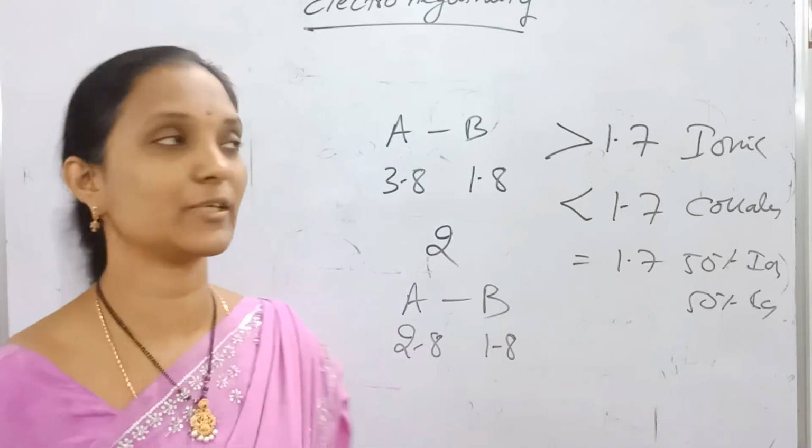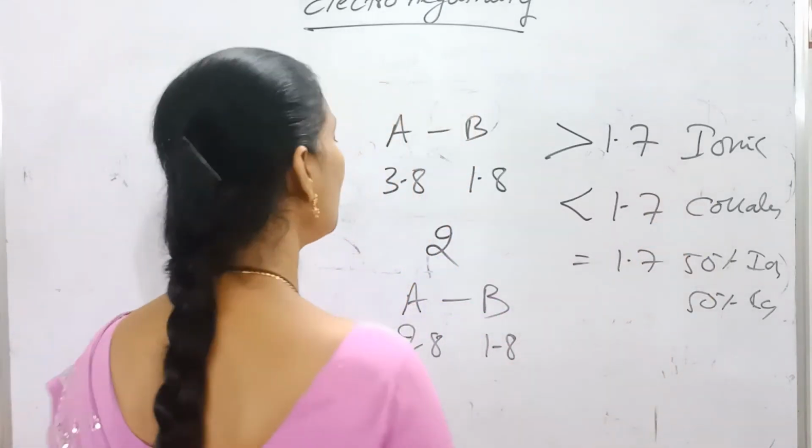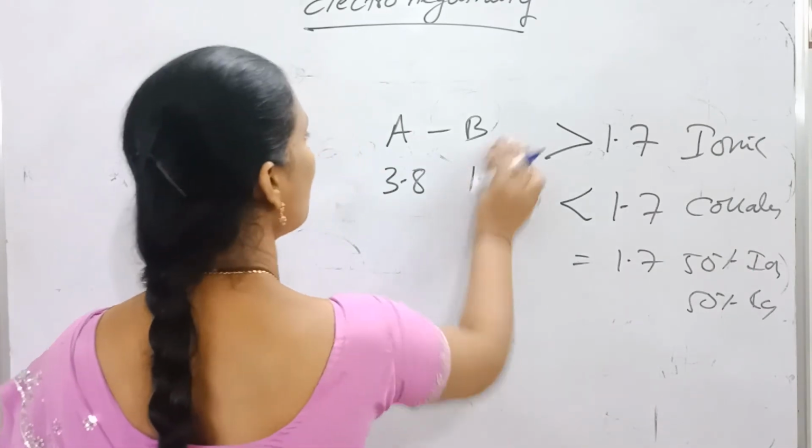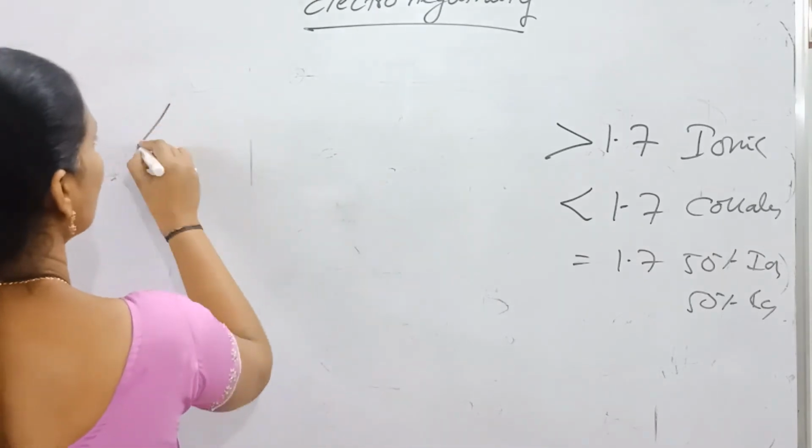So, using electronegativity, we can find the nature of the bond and we can also calculate the percentage of ionic character. So, how to calculate the percentage of ionic character?